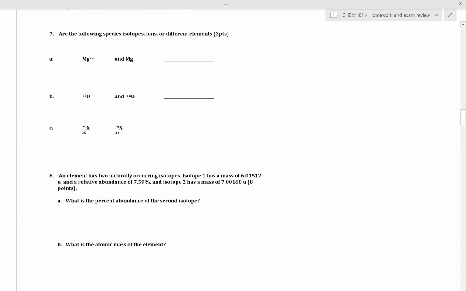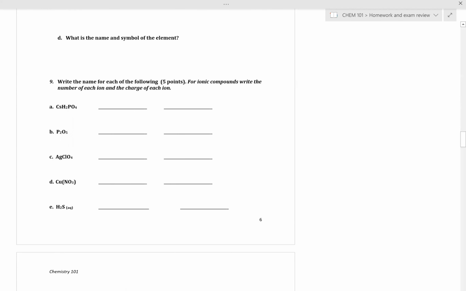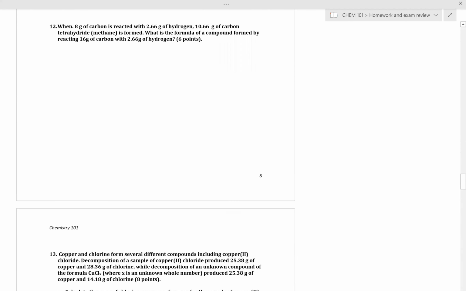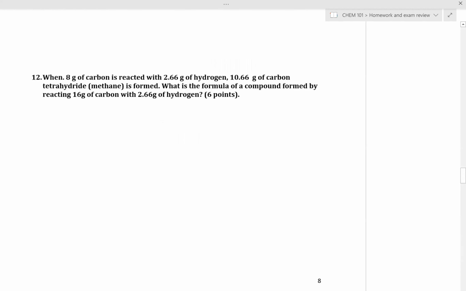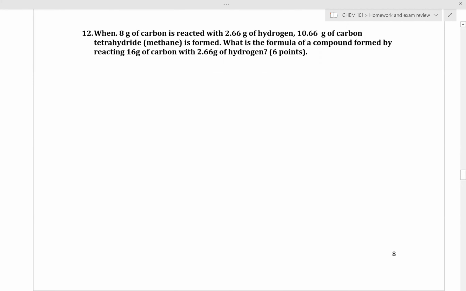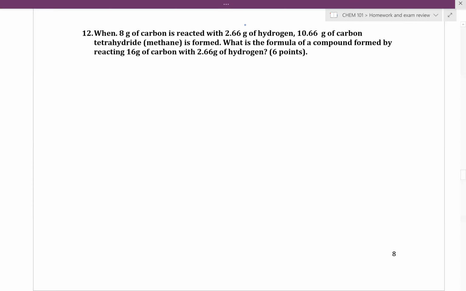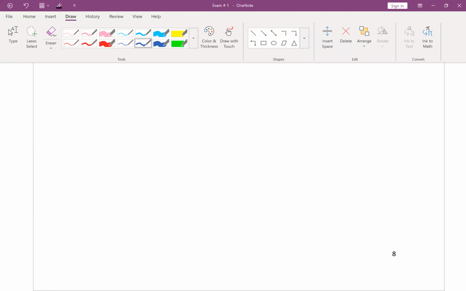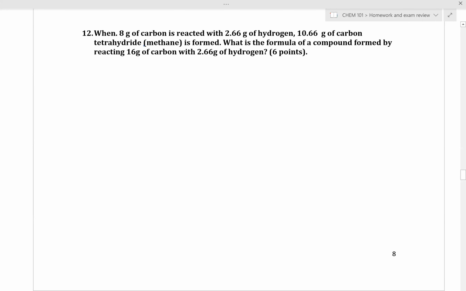So let's zoom into the intended question that's being covered. So let's look at a composition-based law of multiple proportions question. For those unfamiliar, law of multiple proportion questions will look at the composition of a compound.